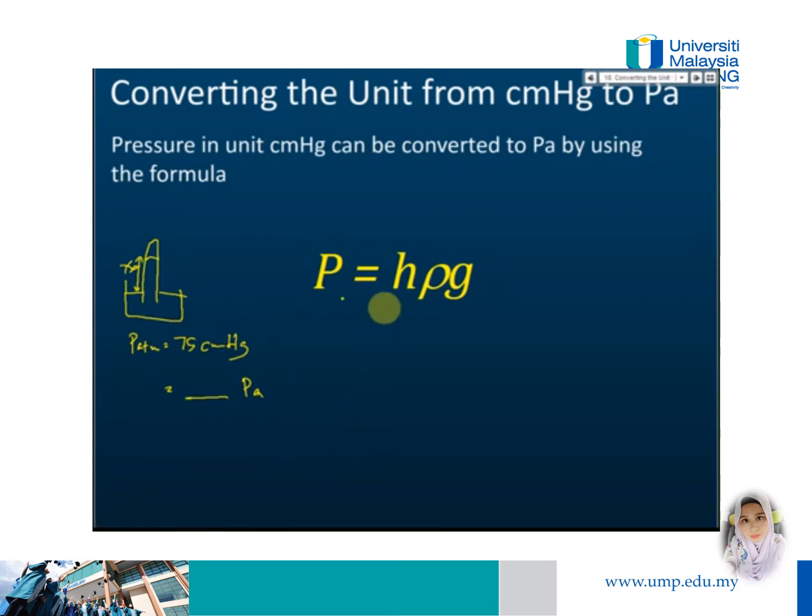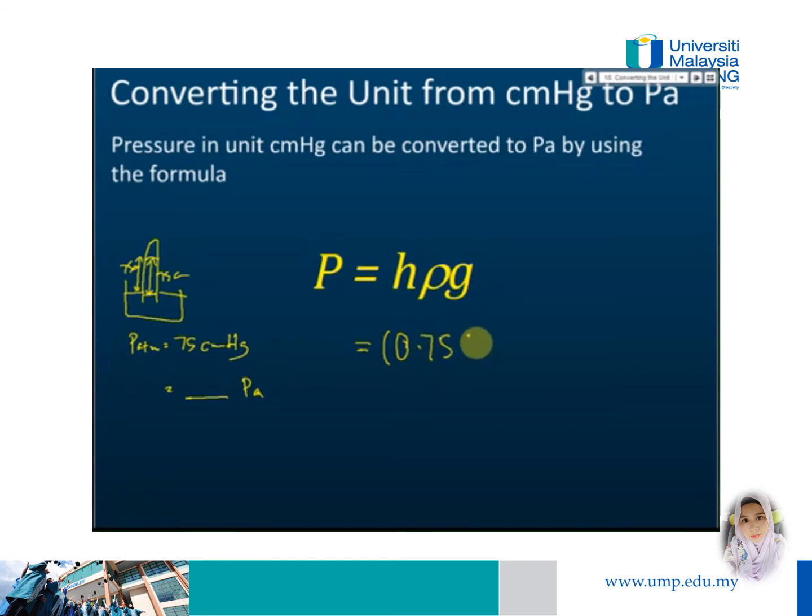We use this formula because it is for finding pressure in Pascal. H rho g. This is the formula for liquid pressure, the pressure caused by liquid. For this case, let's say the length of the mercury is 75 cm, so the depth is 75 cm. If you want to write in Pascal, you must convert the cm to meter.